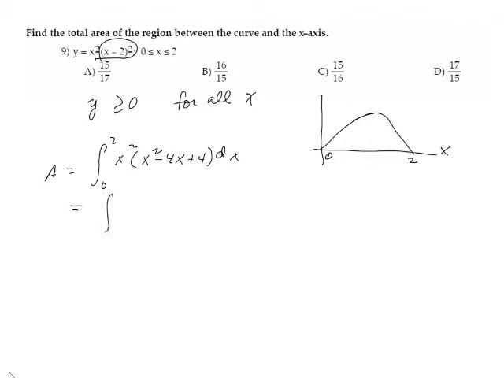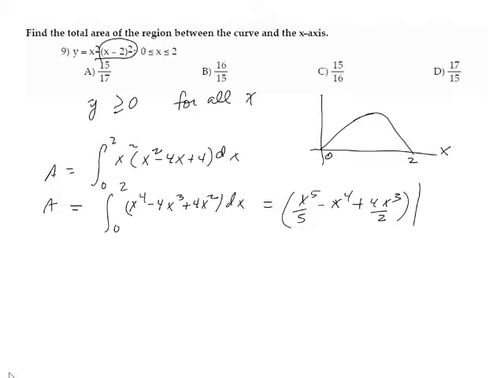Multiplying this out, we get that the area is equal to the integral from 0 to 2, x to the 4th minus 4x cubed plus 4x squared. Taking the antiderivative, we get x to the 5th over 5 minus x to the 4th plus 4x cubed over 3.